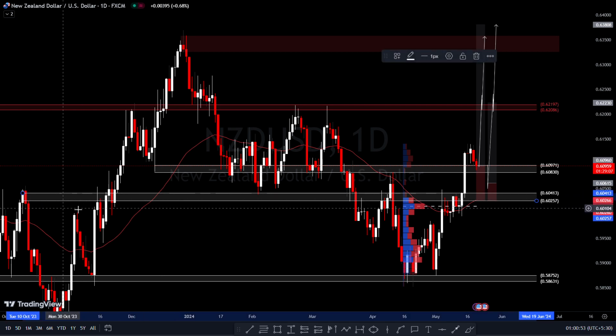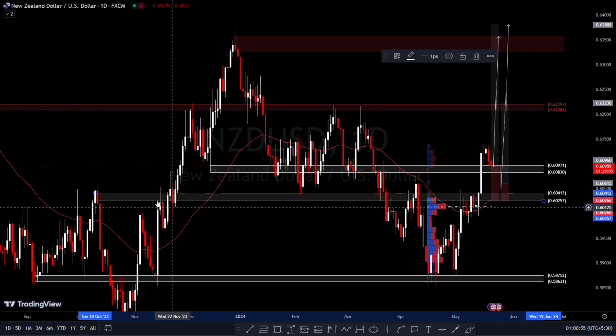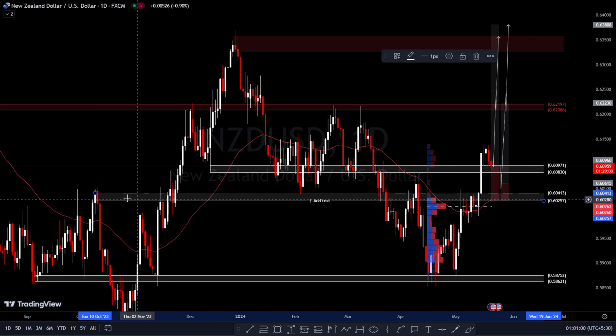This was a good key level which acted as support and resistance as well.